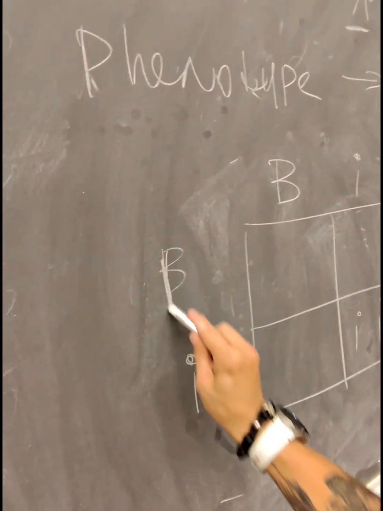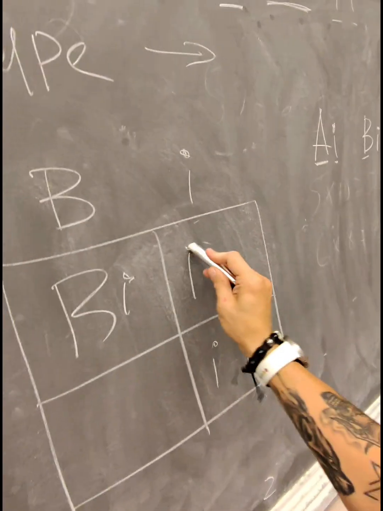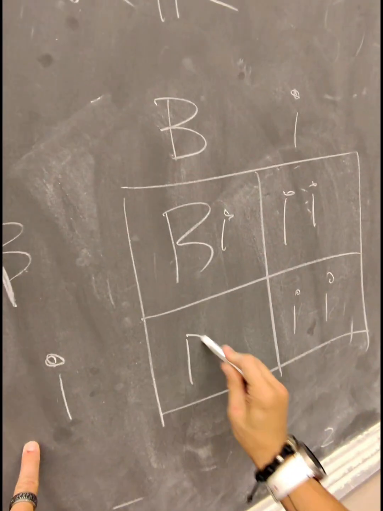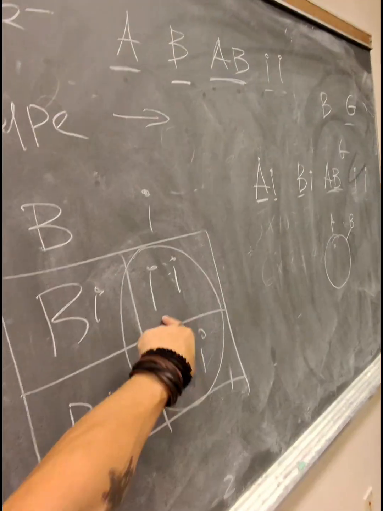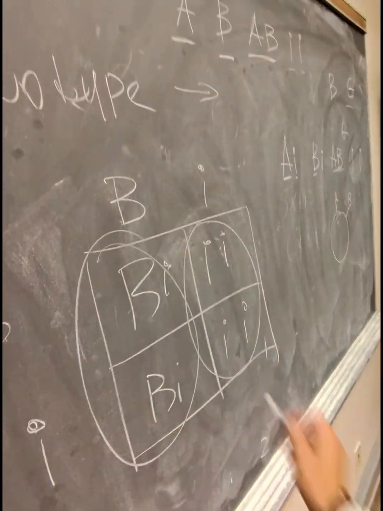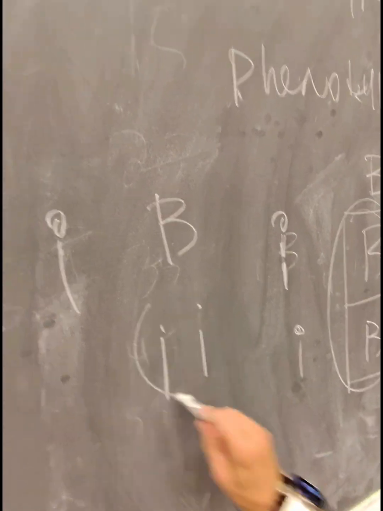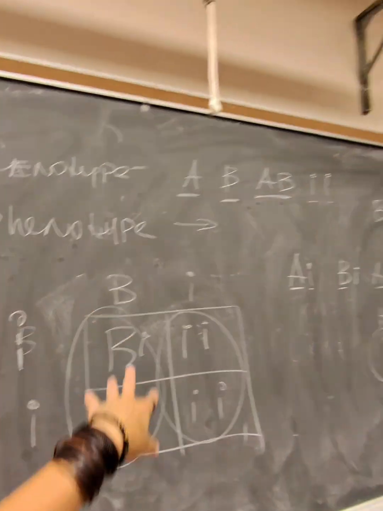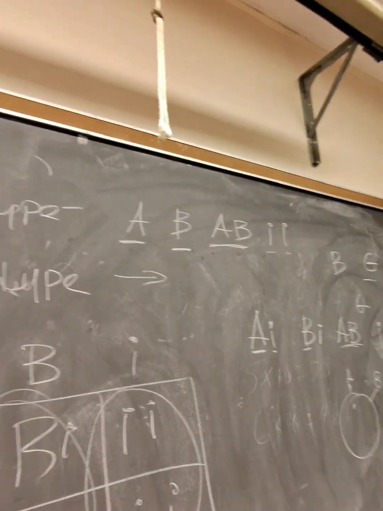But I know that she's O. So BI, II. BI, II. So 50% chance that my children could be O and 50% chance that my children could be B. I know that one child is B and I know that two children are O. So that's basically how you can find out the phenotype of an offspring.